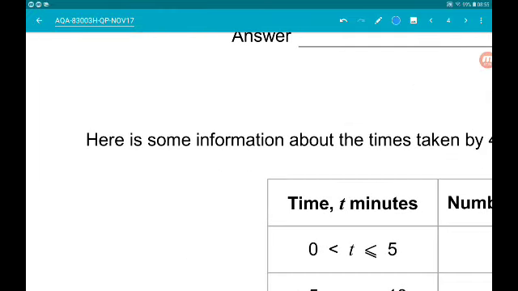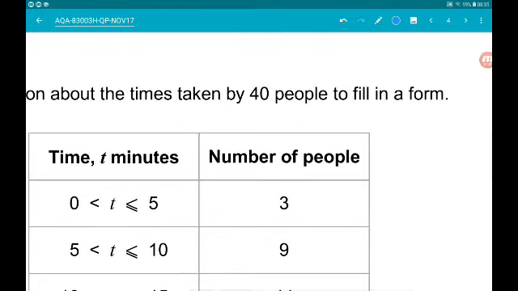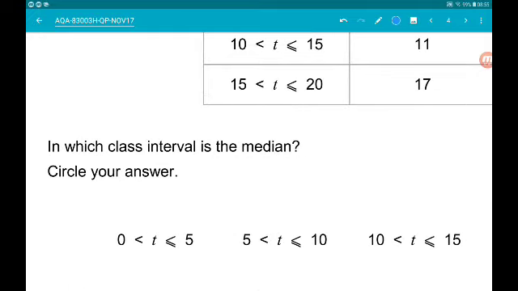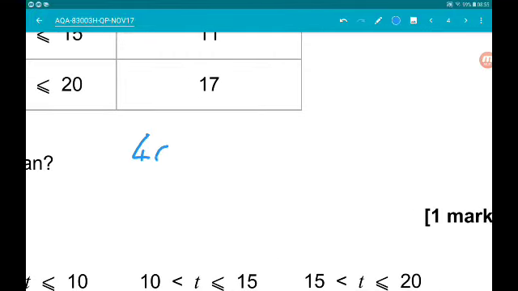Okay, question 7. Here is some information about the time taken by 40 people to fill in a form. We are asked in which class interval is the median. So the median is the middle value. Now if we half 40, we get 20. Now the actual median would be the mean between the 20th and 21st piece of data.